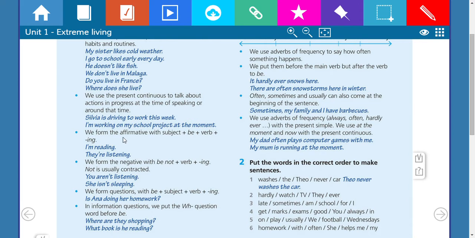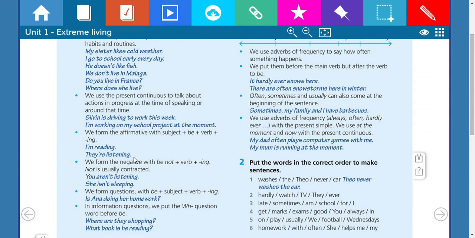We form the affirmative with subject plus be plus verb plus ing. I'm reading. Also, we can add plus complement. I can say I'm reading a book. I'm reading the newspaper. Okay, this could be optional.